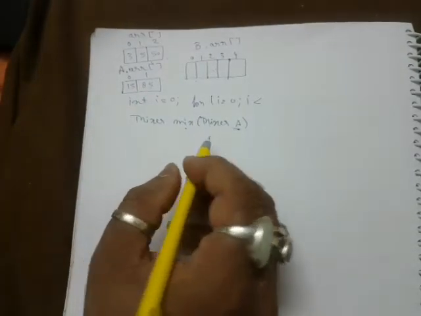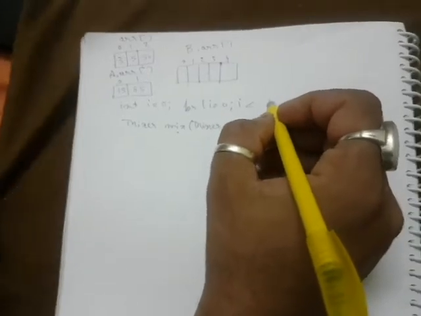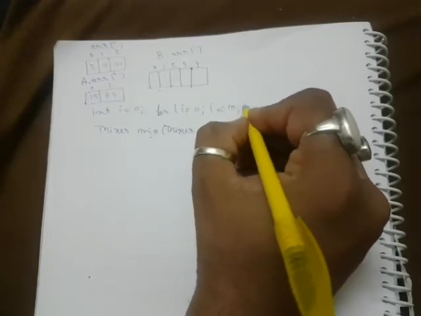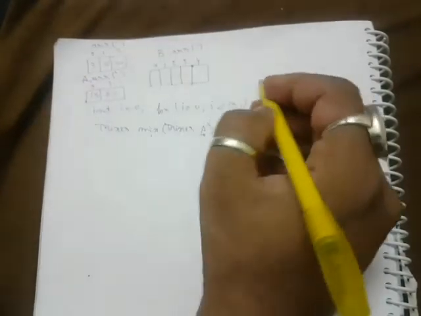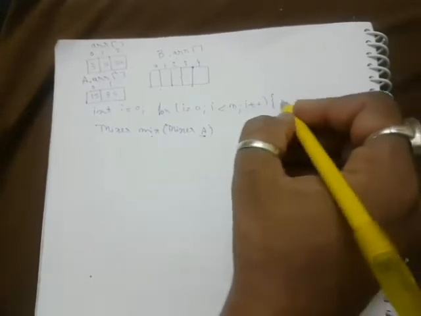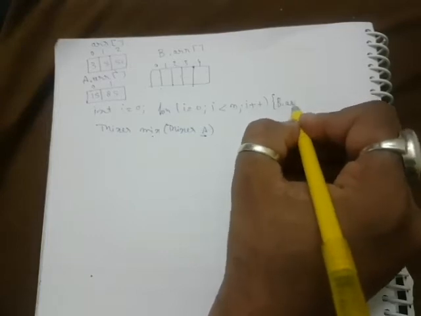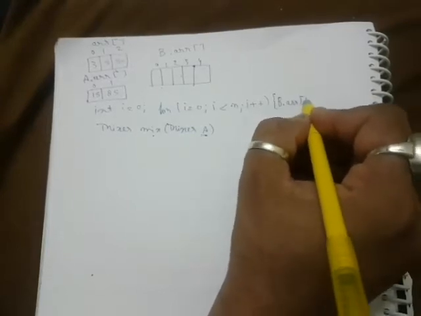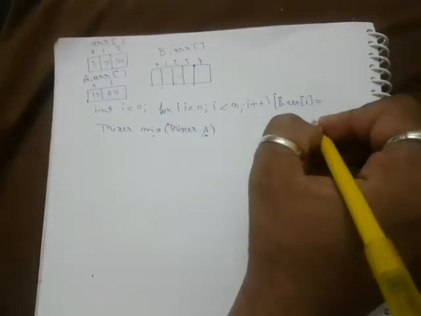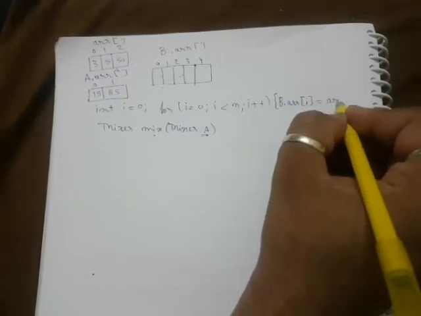Now the data is to be copied. So as I have written the loop here, i less than, and here I write less than what? n, because this data will be copied. So i plus plus, a plain statement will be there. What to write here? b.arr[i], because that is going to have the data, and equals what is to be there? arr[i].